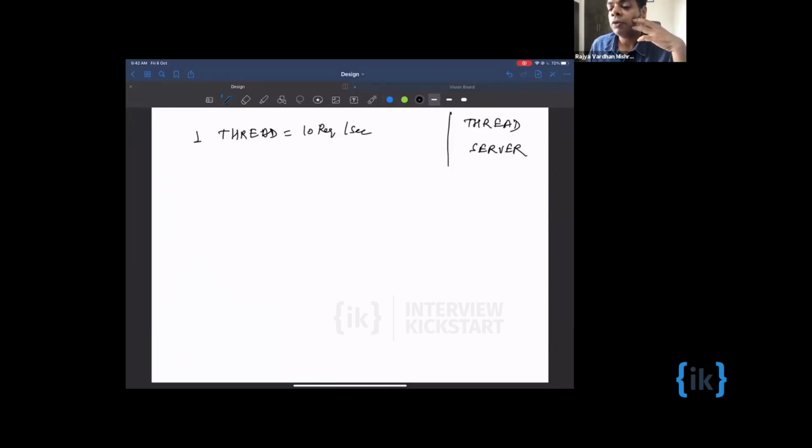How much can a server do? From the previous discussion, I know that one server has 250 threads, so I just do 250 into 10. That is 2500, so one server can cater to 2500 requests per second.